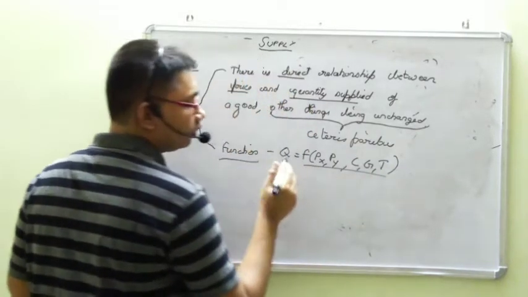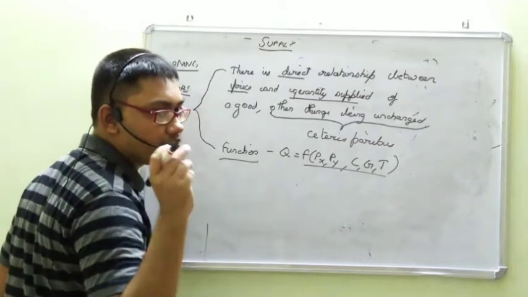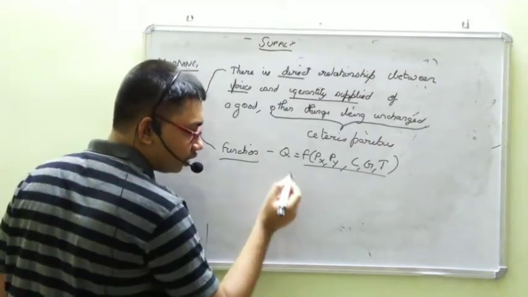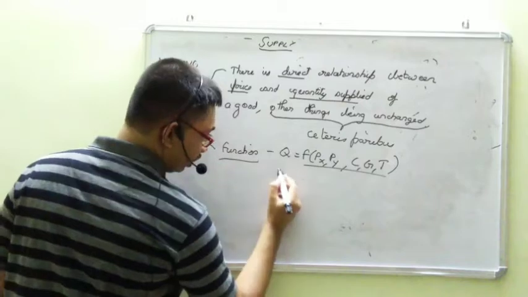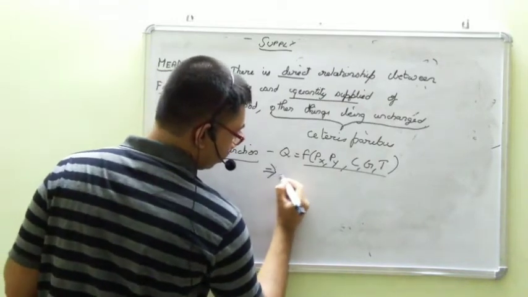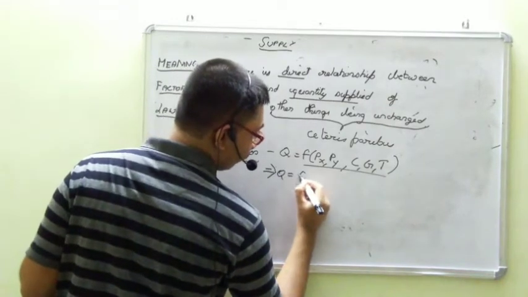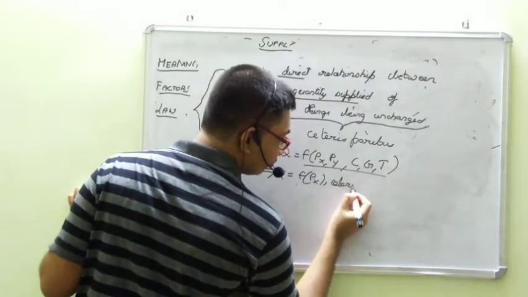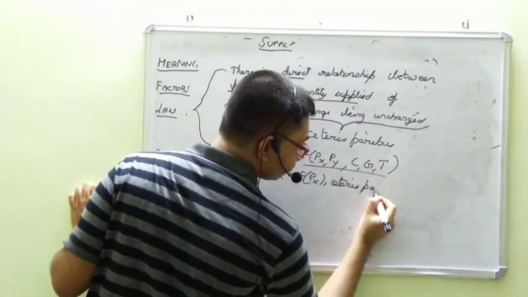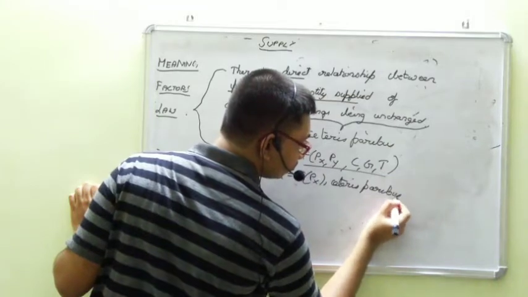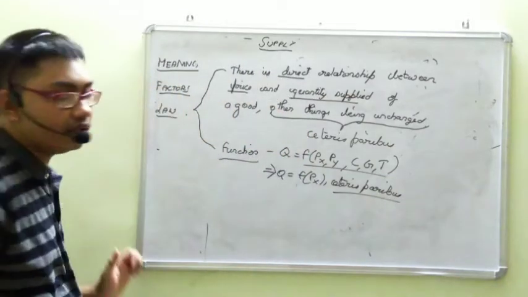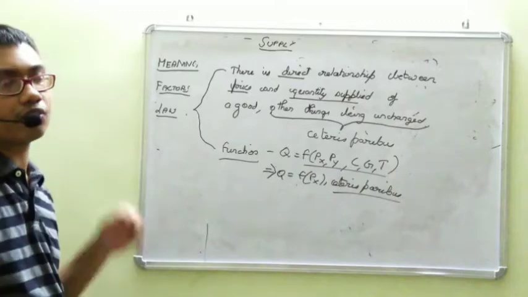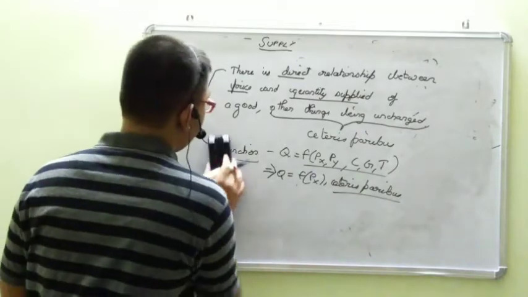So it's a functional relationship between the quantity supplied and factors affecting supply. According to the law of supply, Q is equal to F of Px, ceteris paribus. Other things remaining constant, quantity is a function of price.